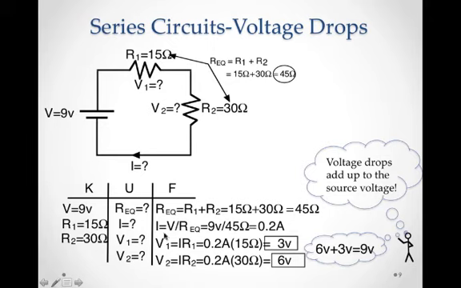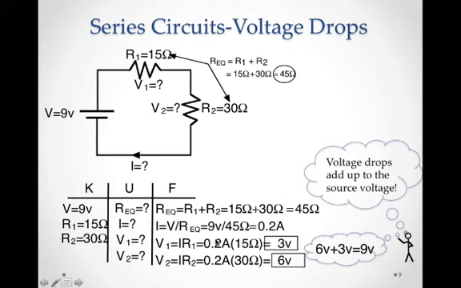So if we use our other form of Ohm's law, V equals I times R, across a particular component, this voltage V1 is just across this resistance right here. And this voltage V2 is across this resistance right here. And those are called voltage drops.